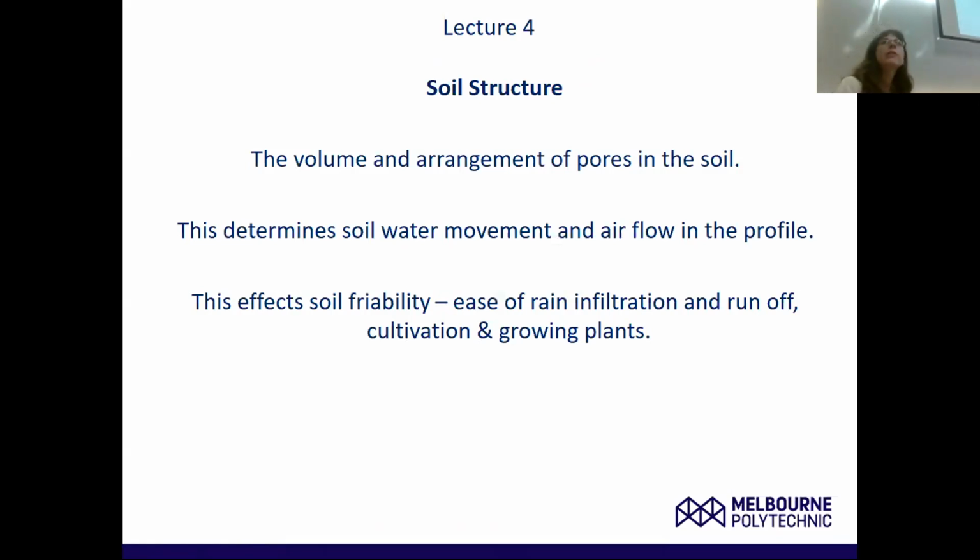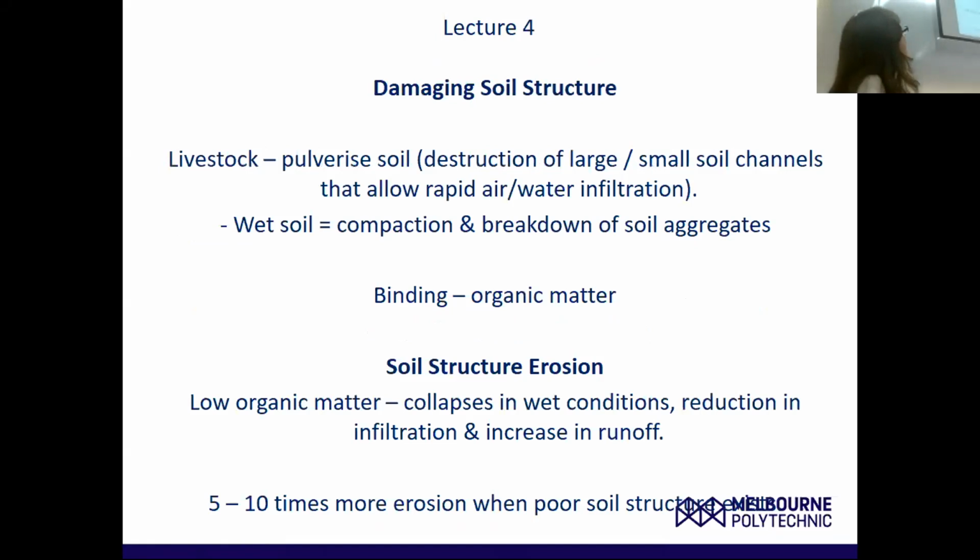So Mustafa, not only do you have to know what each of your horizons are, you need to also know what their composition is and texture, and you need to know what the soil structure is. The soil structure will be influenced by the texture as well, which is influenced by how it's made up. So damaging soil structure can have big influences on either your livestock or your plant growth.